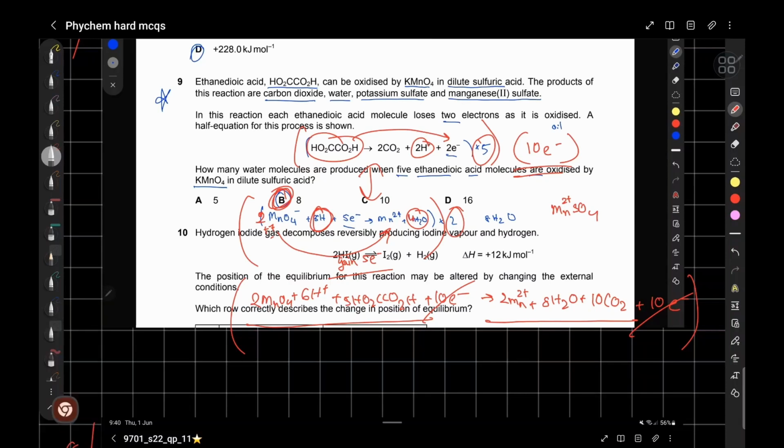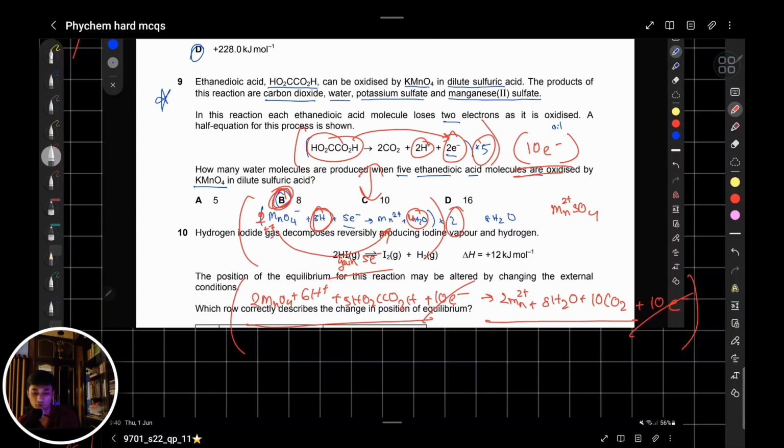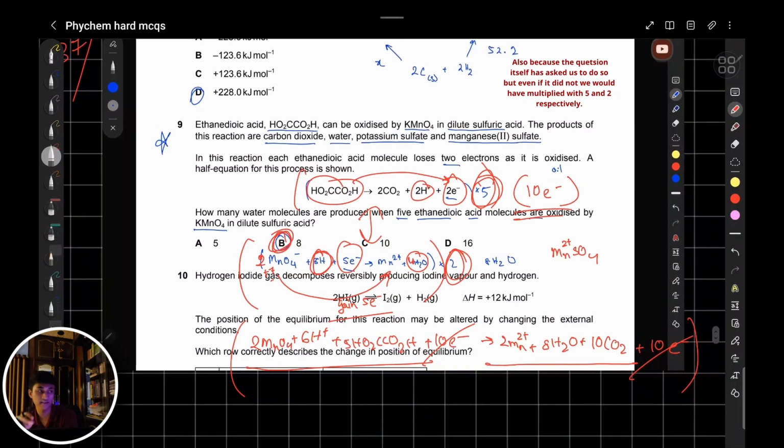You had initially 2 electrons over here and 5 electrons over here. To make it 10, we have multiplied by 5 or 2 to make the total number of electrons in each case, oxidation and reduction, 10. That's why we have multiplied by 5 or 2 to balance the number of electrons.